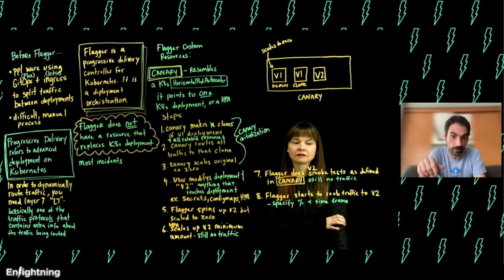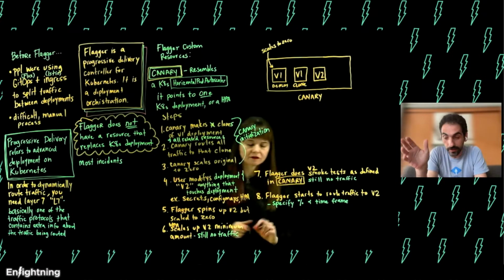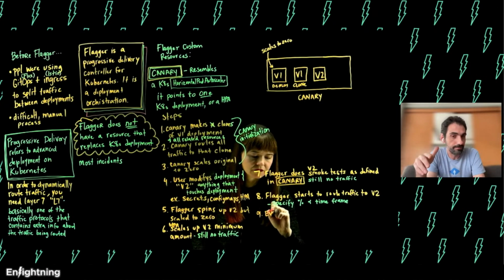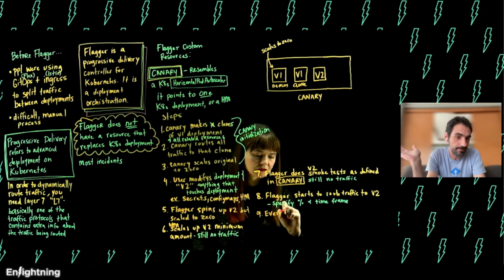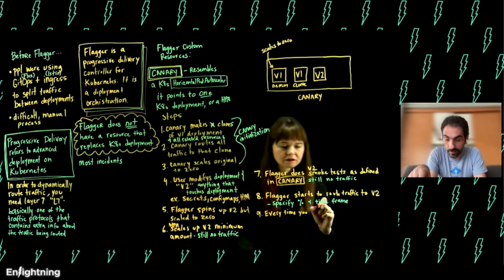So those are built-in. You can say, if the percentage of the 500 errors is greater than my service level objective, let's say 5%, roll everything back, scale to 0, the canary fails.